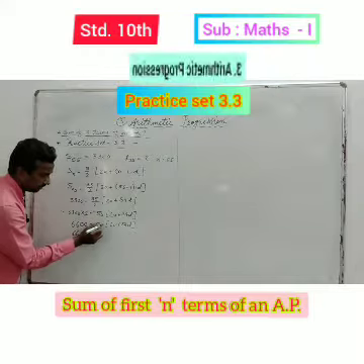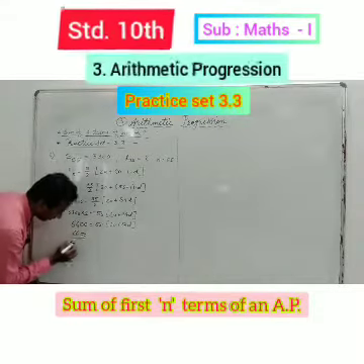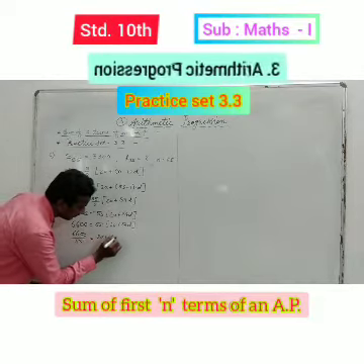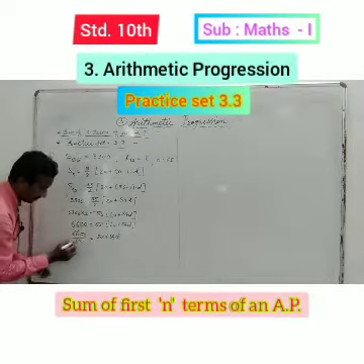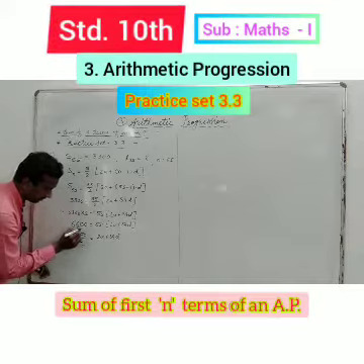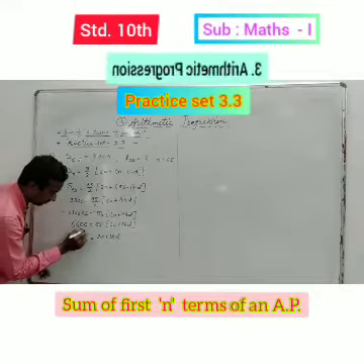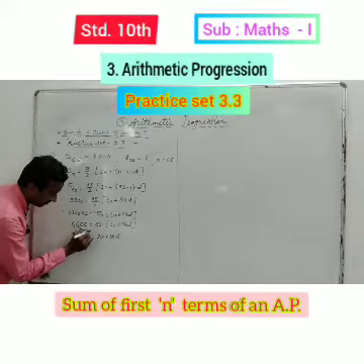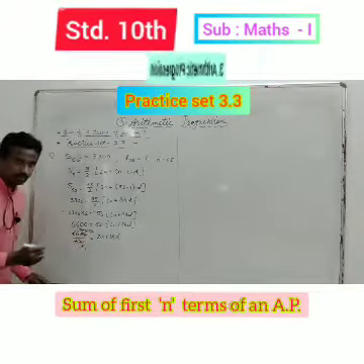6600. This 55 goes to LHS side, it will become upon 55 equal to 2a plus 54d. Now 11 fives are 55, 11 sixes are 66, 11 zeros are 0.